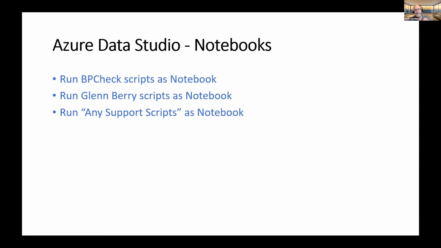Another key thing that you have within Azure Data Studio is the notebooks. You can use these notebooks to run multiple pieces of SQL code, for example, but you can also mix different programming languages like Python, R, Scala, PowerShell, and T-SQL, and you can have everything in one notebook.